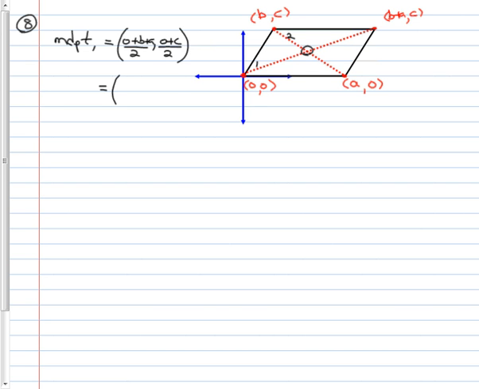And then we'll simplify whatever we can. What's 0 plus b plus a? B plus a divided by 2. Comma, what's the y? C divided by 2. That's all we can do with it. That is the midpoint of that first diagonal.